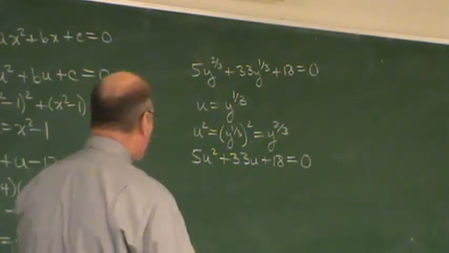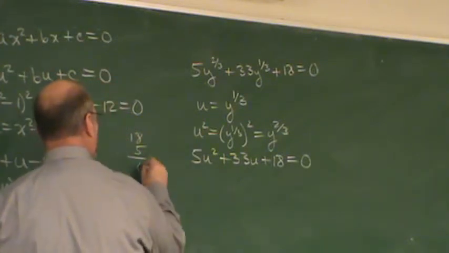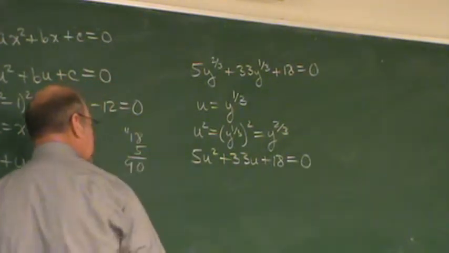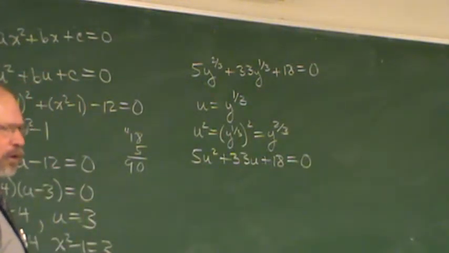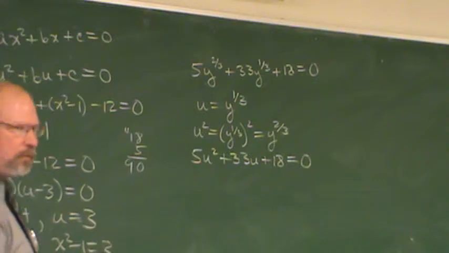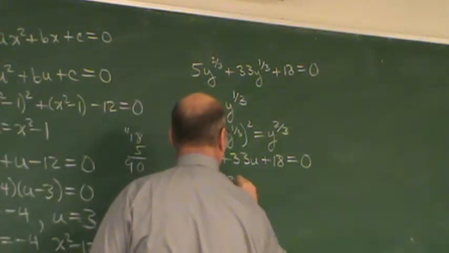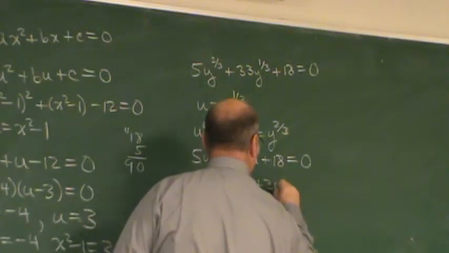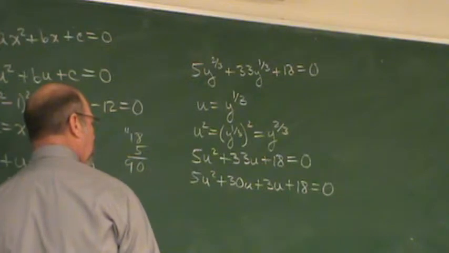Okay? If we take 18 times 5 using the AC method, 18 times 5 is 90. Two factors of 90 that add to 33 are 3 and 30. So I'm going to write this as 5u squared plus 30u plus 3u plus 18 equals 0.